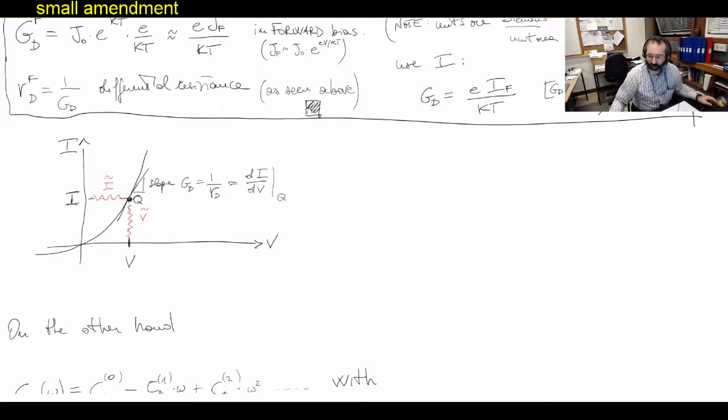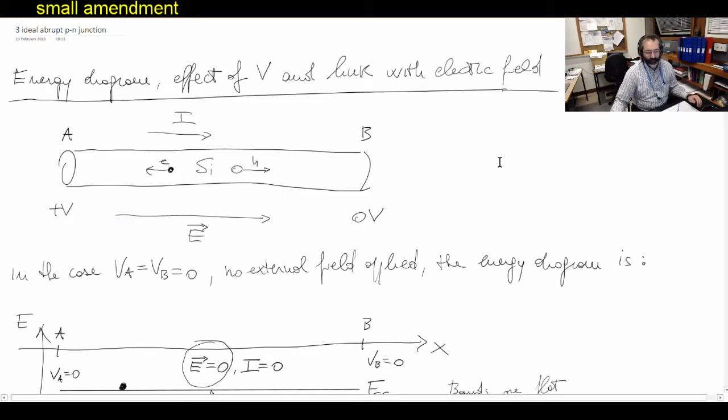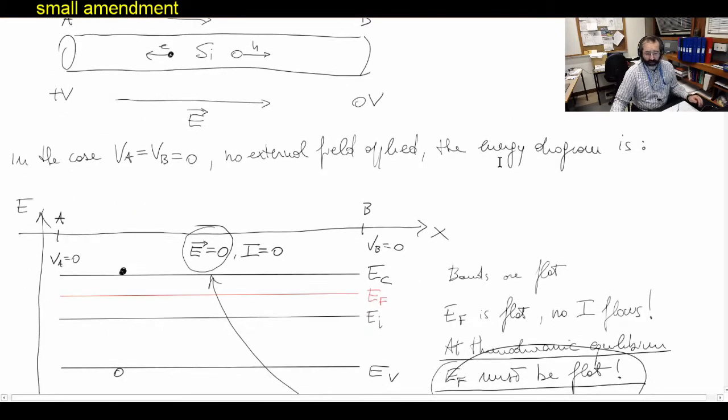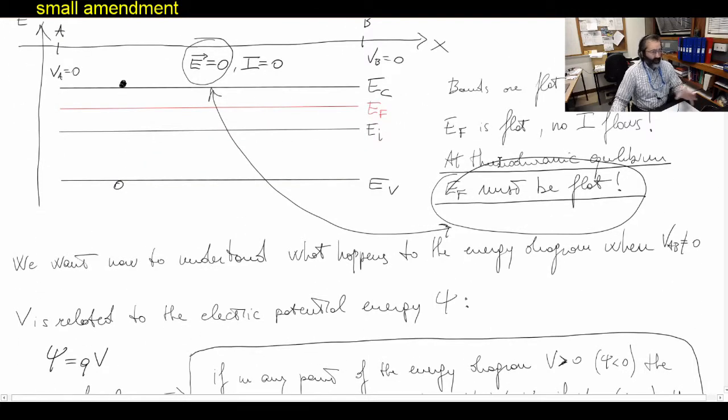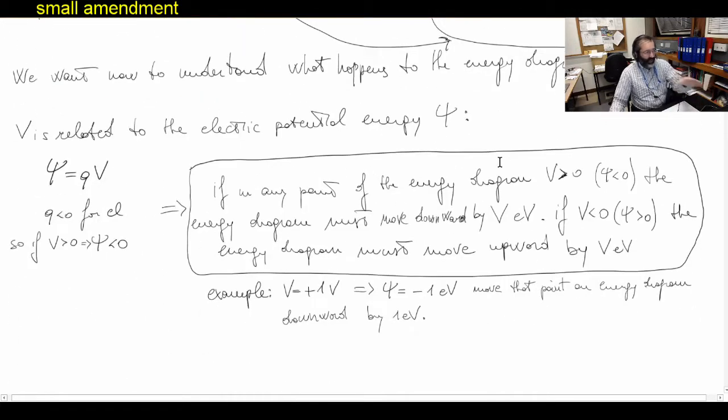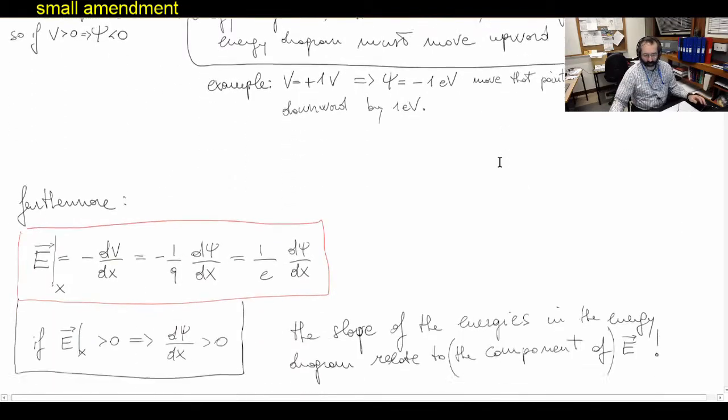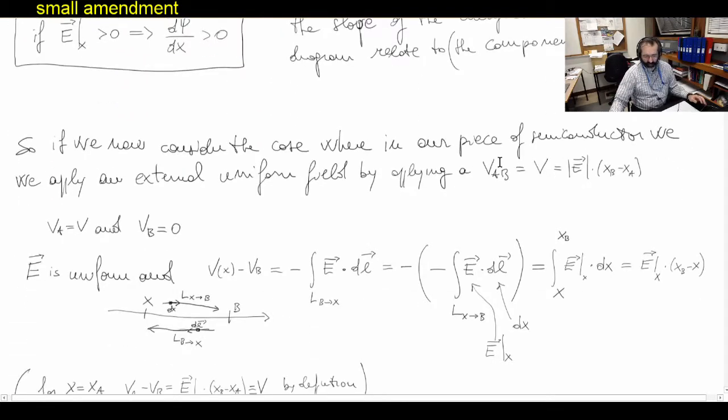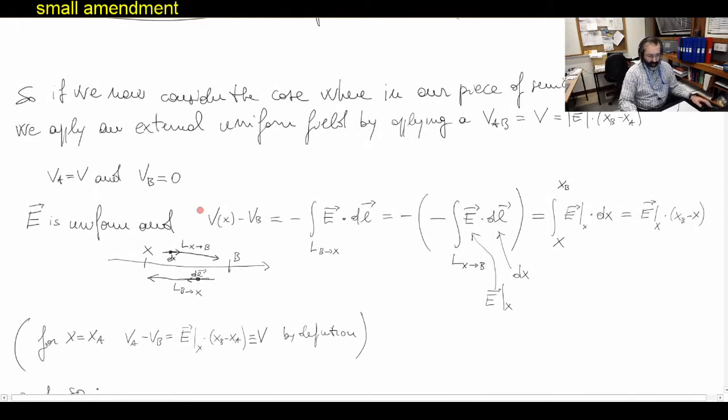I wanted to mention a little mistake I made at the beginning of the introduction on the PN junction. If you remember, in the beginning we were talking about energy diagrams and what happens when you apply voltages. At a certain point I was trying to calculate this quantity here, Vx minus Vb.